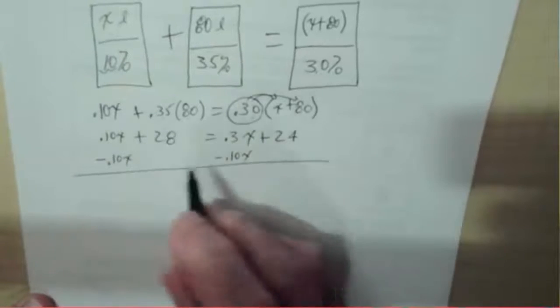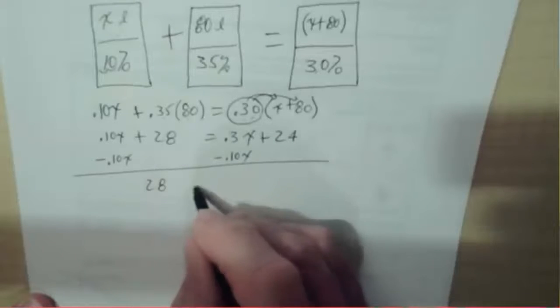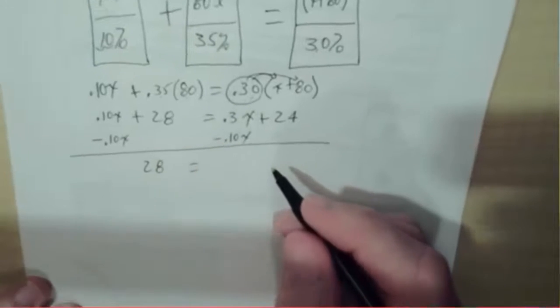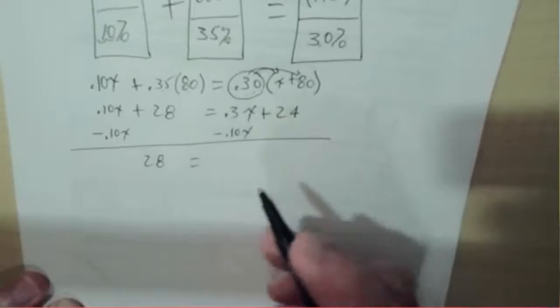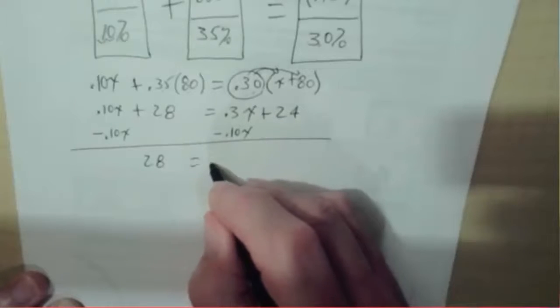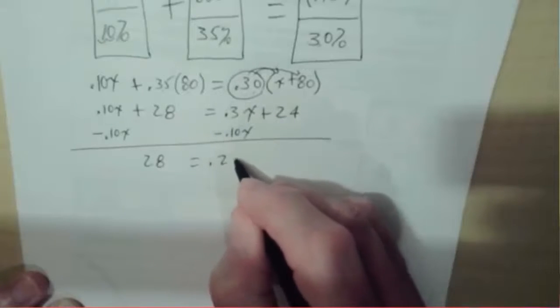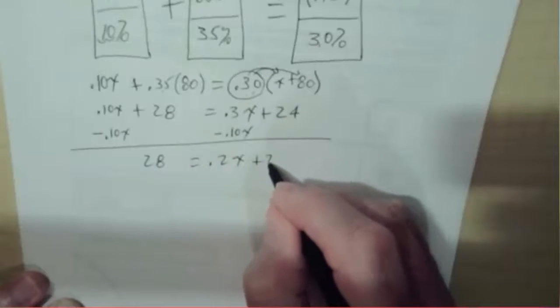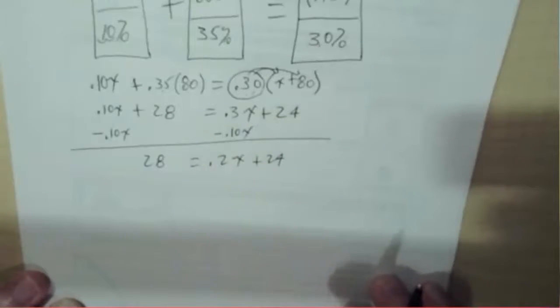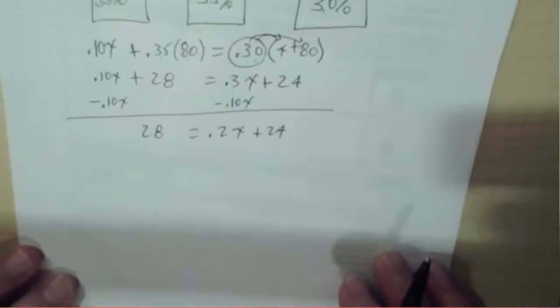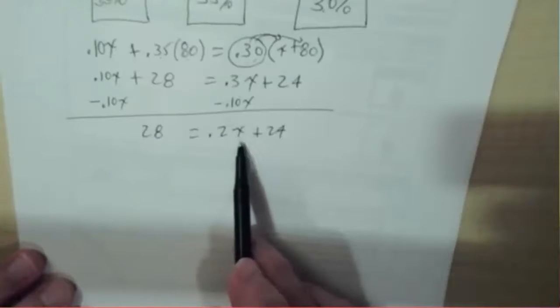Okay, we have 28 equals 0.3 minus 0.1, which is 0.2x, plus 24. Now we want x over here, as we say in North Katy, by its own self.